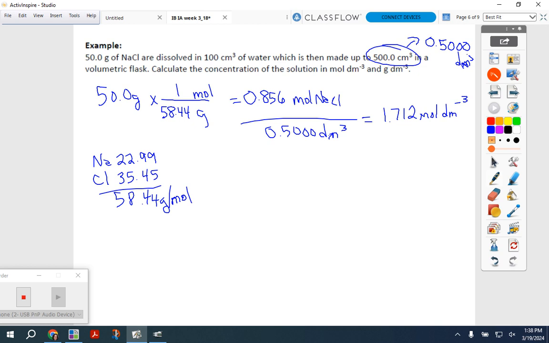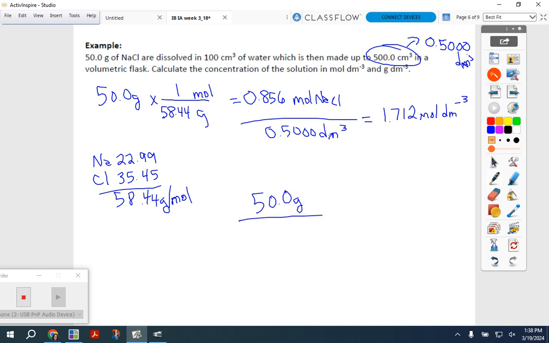Now we want grams also, grams per dm to the negative 3, grams per liter, which is a slightly different version than our moles per liter. So what am I going to do with that? How am I going to get grams per decimeter cubed? It's given to us in grams.